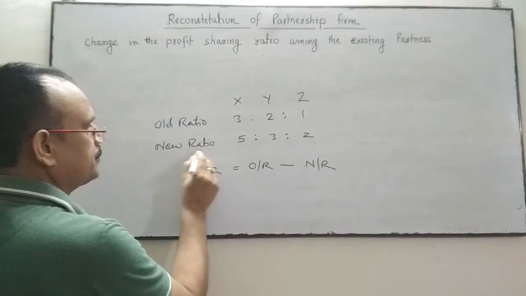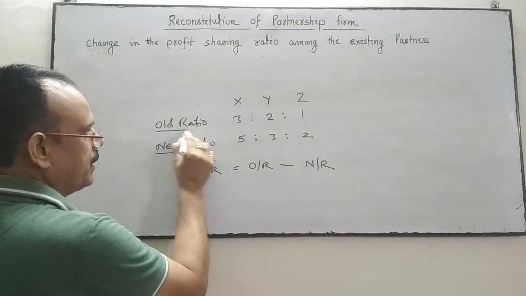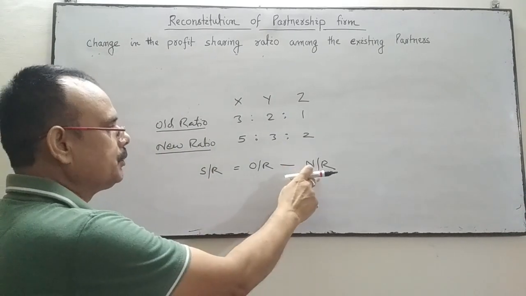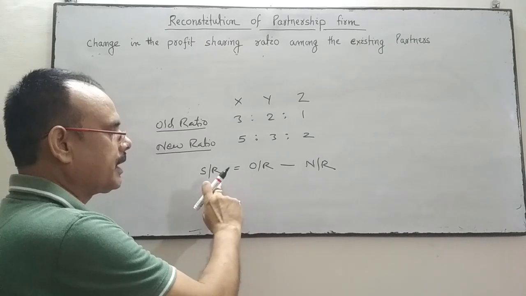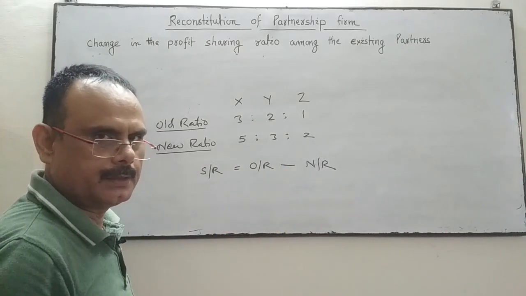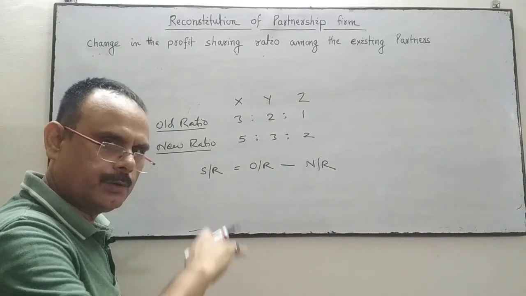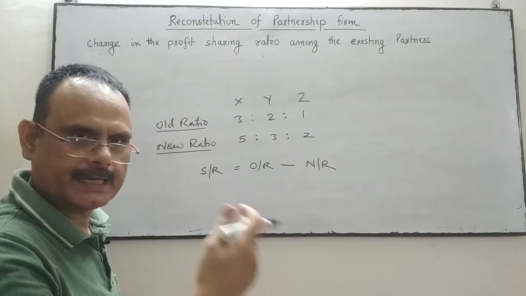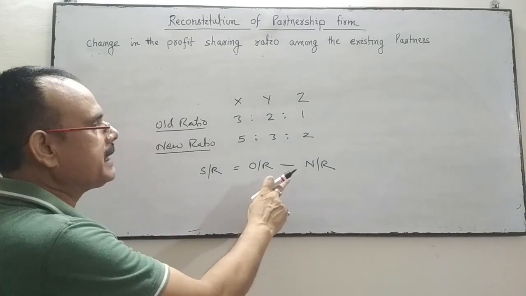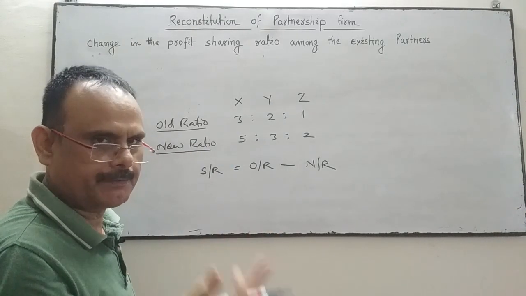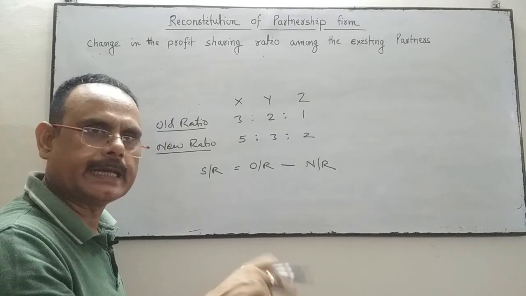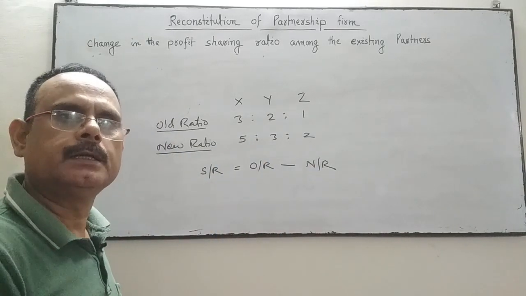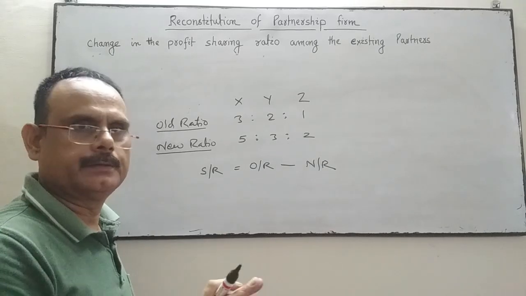If the old ratio was more than the new ratio, it means this partner has sacrificed, because earlier he was getting more, now he will get less. If the resultant is positive, then sacrifice. If the resultant is negative, it means the new ratio exceeds the old ratio, then it's a gain.